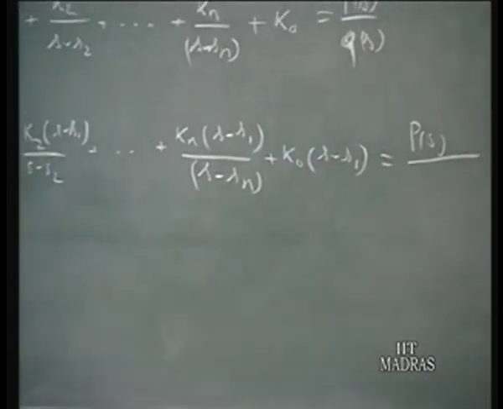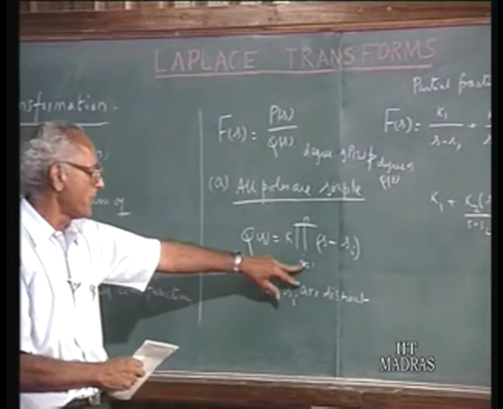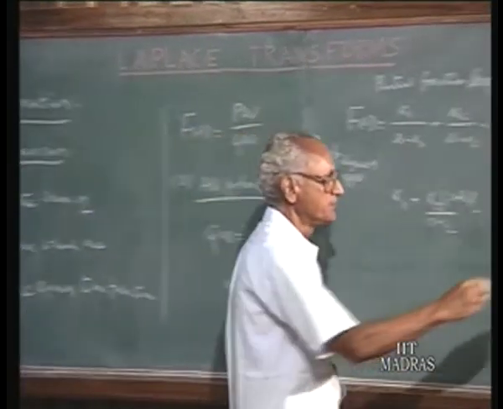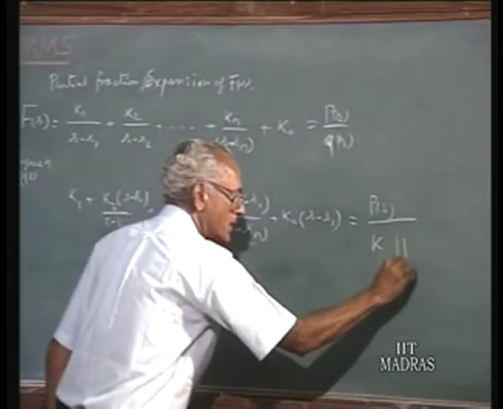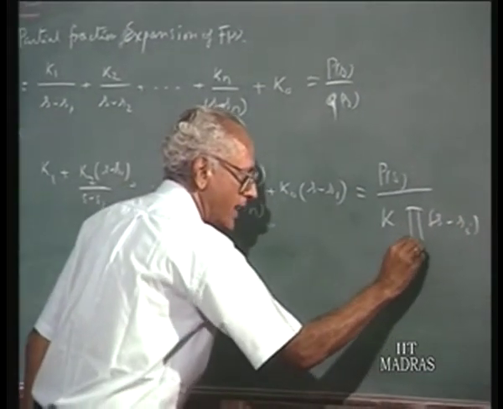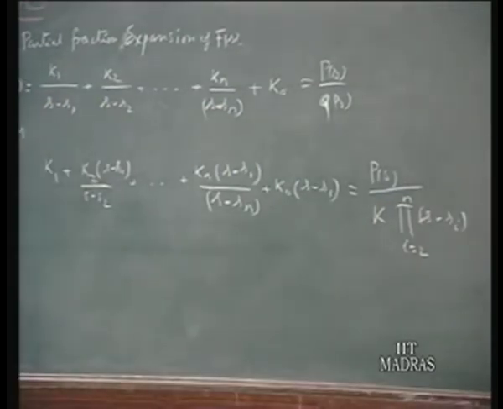As far as the denominator is concerned, because s minus s1 is the multiplying factor, one particular term gets dropped out. So, you have some k times the product of (s minus s_i), i starting from 2 to n only, because s minus s1 got dropped out.